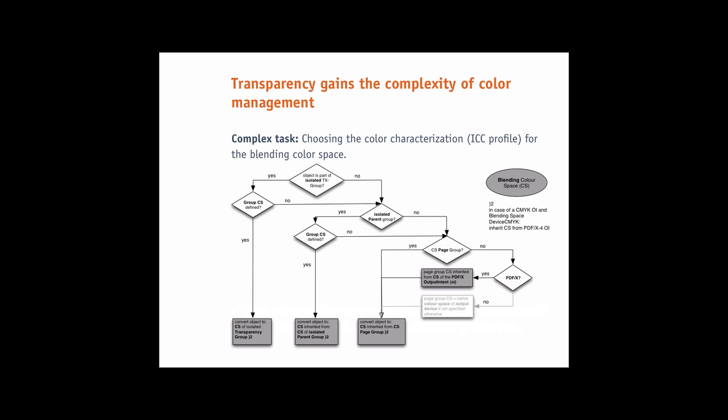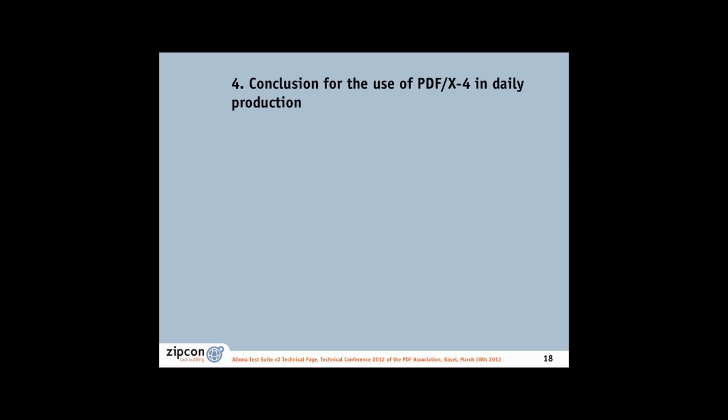And if none of this applies, then in the PDF/X-4 case it is the color space of the output intent profile. So we have four versions, and it's not so easy for you doing the evaluation which one to take. There may be some further investigation, not just of the group where the transparency has to be conducted, but also of the parts that are around it. So it's not so easy.